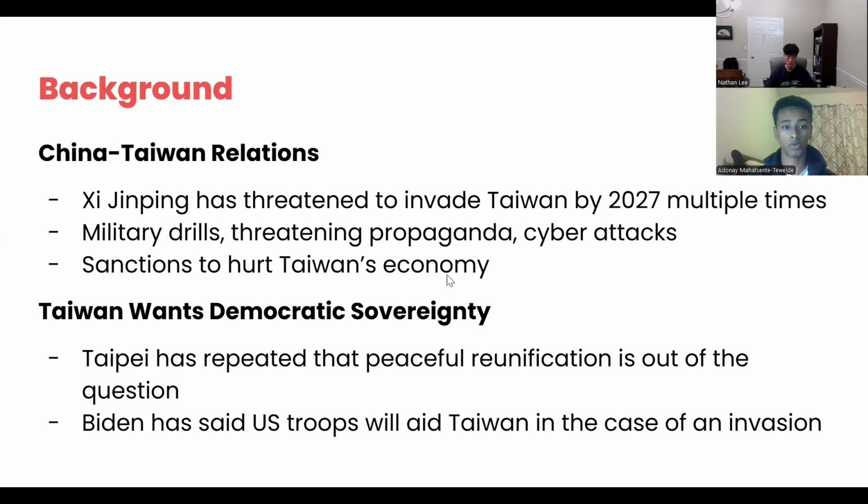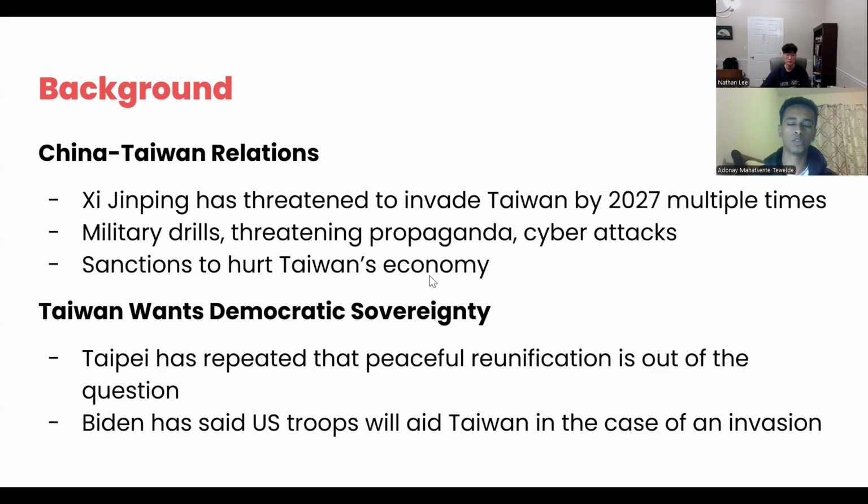Further, right now, we're seeing large amounts of sanctions against the Taiwanese economy, from small things like a certain plant produce that's key to their exports being banned, or possibly cutting off access to key materials. But it's all because China views them as a part of their country, while Taiwan wants more of a democratic sovereign state.